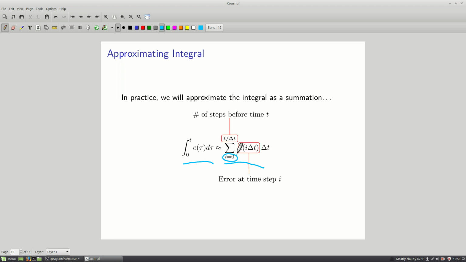So from time step 0, assuming I have a constant delta t, the same amount of time between each time step, the current time divided by delta t tells me the total number of time steps that I've completed, and I'm summing up my error at each of those time steps. And I'm multiplying that by delta t to give me the area under each of those little regions as an approximation of the area under that curve.